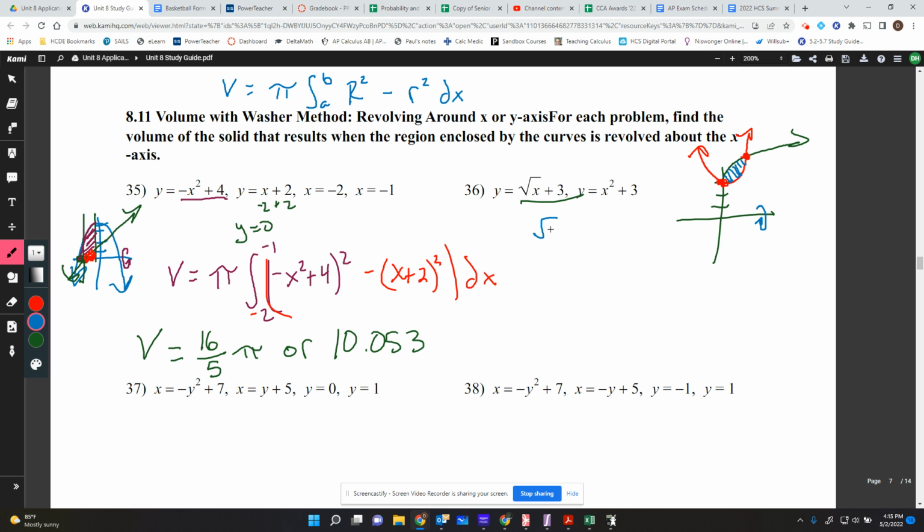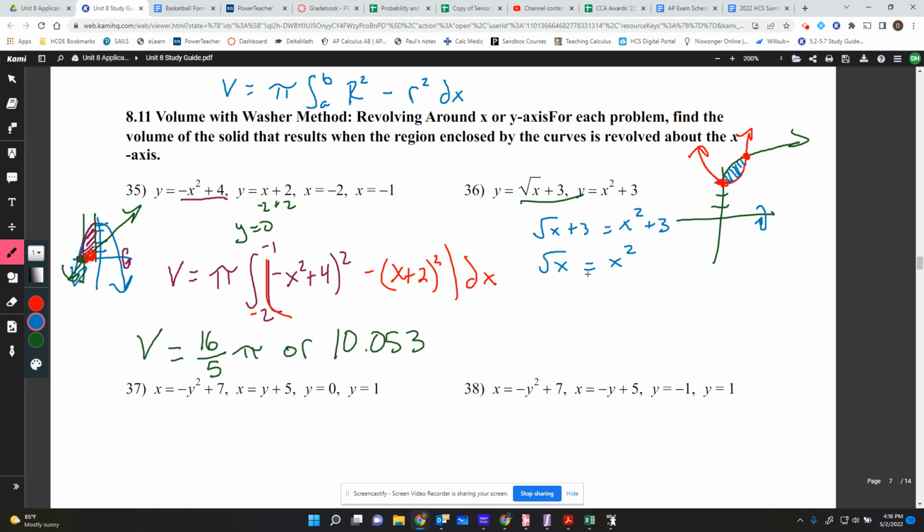So the first thing we need to do is figure out where that intersection point is. So if I do square root of x plus 3 equals x squared plus 3, I basically get square root of x equals x squared. Hopefully we can figure out that it's going to be 1.